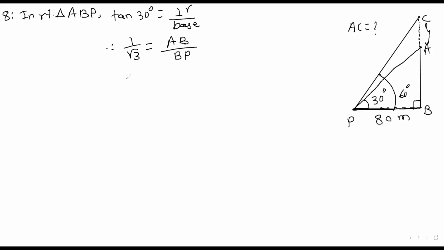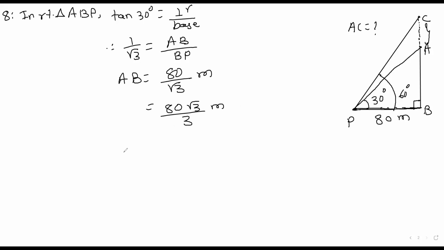So BP is 80. So AB is going to be 80 upon root 3 meter. Always remember you have to rationalize it. So you have to write 80 root 3 upon 3 meter. Okay, keep it as it is. Don't try to simplify it.